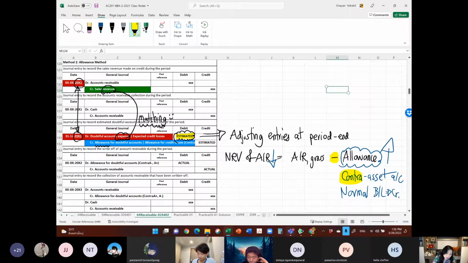Okay, so you may wonder, John, what does it mean by the net realizable value then? After you do the calculation, this net realizable value is actually the estimated collectible amount.